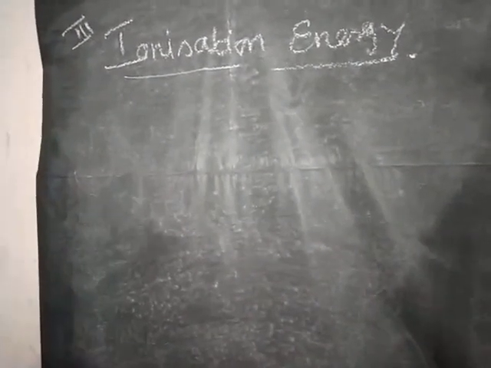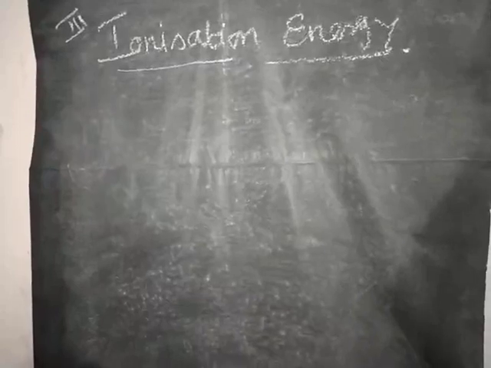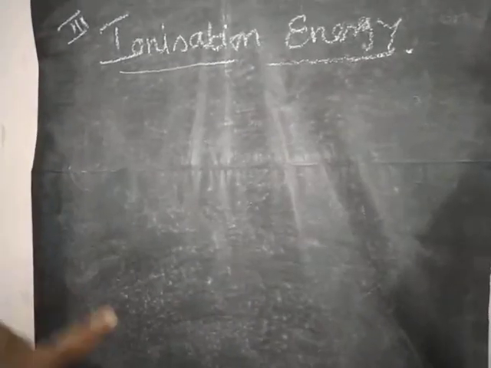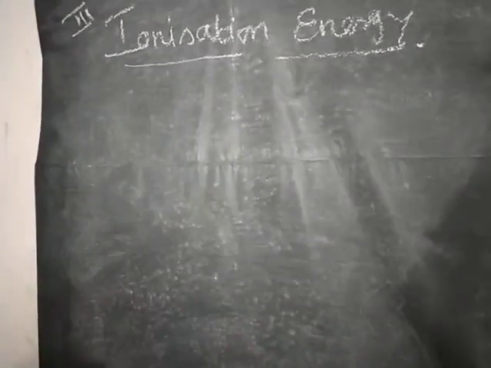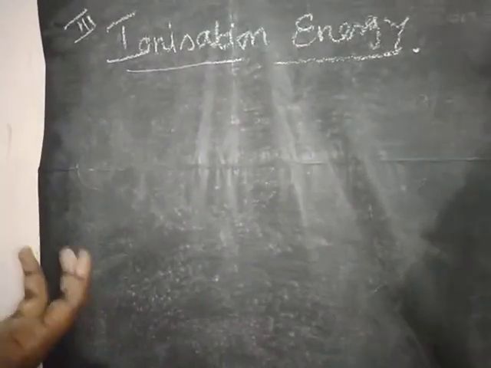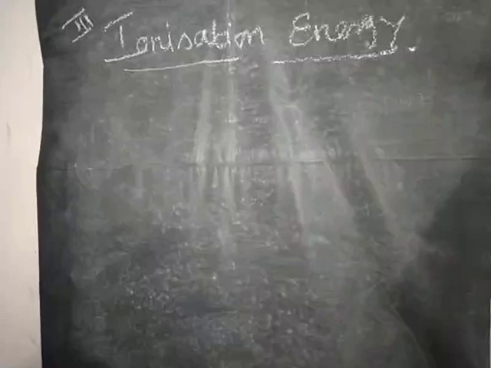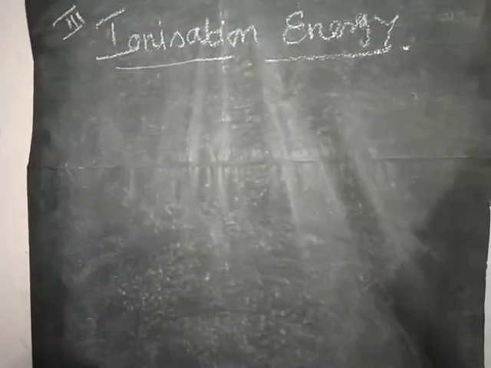What is meant by ionization energy? It is the minimum amount of energy required to remove an electron from a gaseous atom in its ground state. So we take the gaseous state of an atom, keep it in the ground state, and remove one electron.